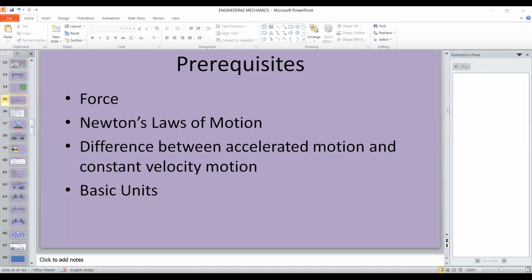We convert the proportionality into an equality sign by adding one constant, and that constant has a value of 1 from the graph. So in the last lecture, I directly took the value of mass into acceleration upon F is equal to tan 45, that is equal to 1, and then we write F is equal to mass into acceleration. I will repeat that part for Newton's second law, and then we will discuss the basic units.